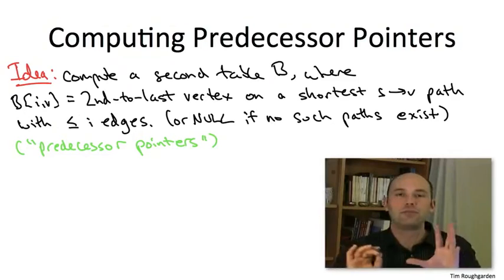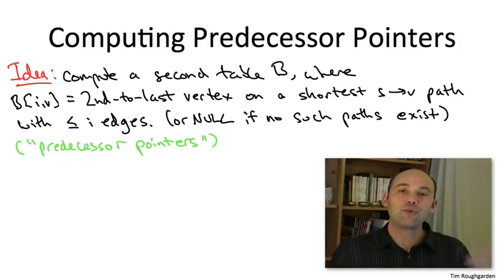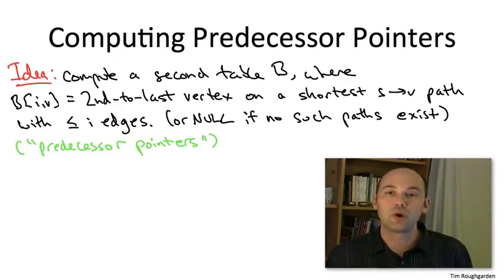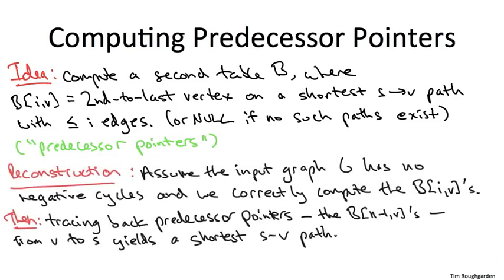So for a moment, let's just forget about the space optimization that we're trying to attain, and let's just observe that if we correctly computed these capital B's, then simply traversing predecessor pointers would reconstruct shortest paths. So why is this true? Well, two reasons that you've seen explain other things as well. The first reason is, remember, we're assuming that the input graph has no negative cost cycle.